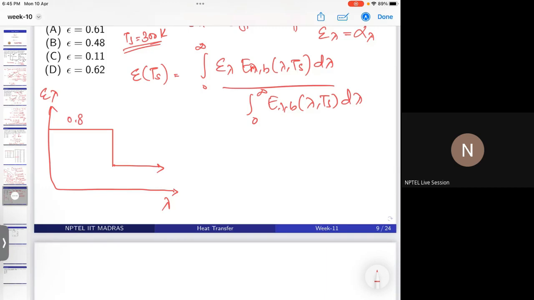This is 0.8, 0.1, 5 micrometer. So this is E lambda 1 and E lambda 2.